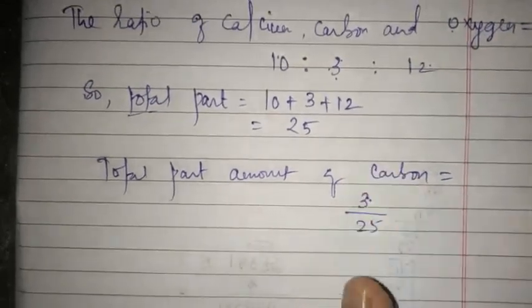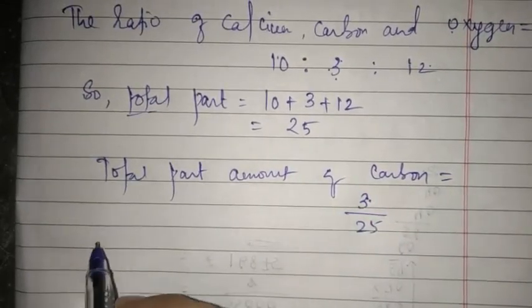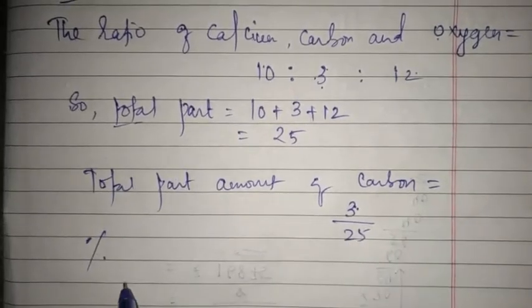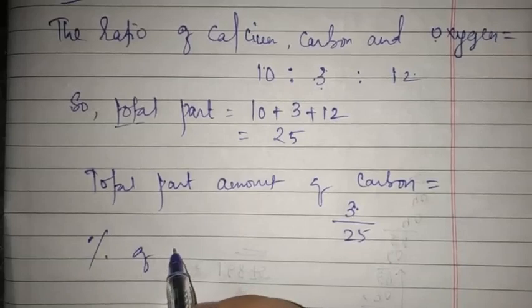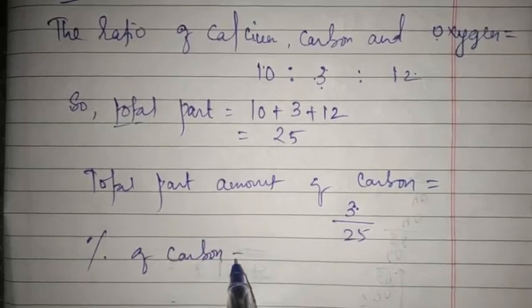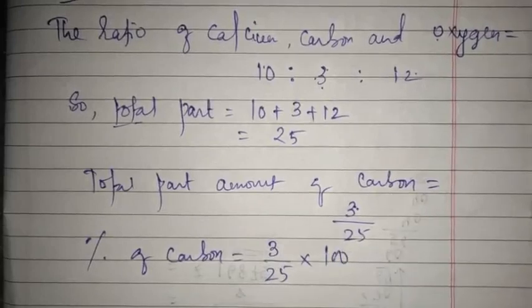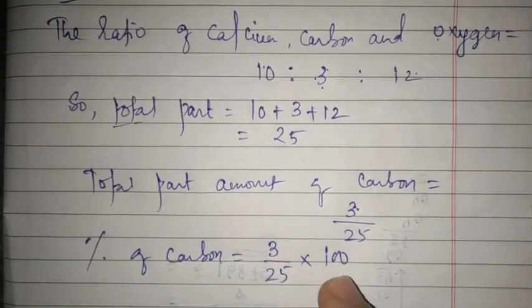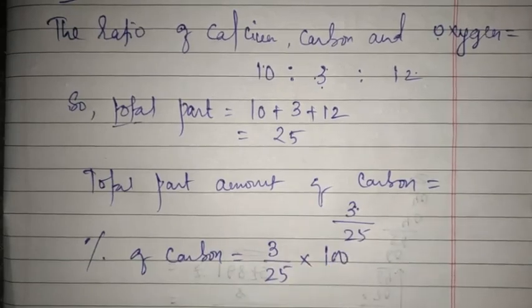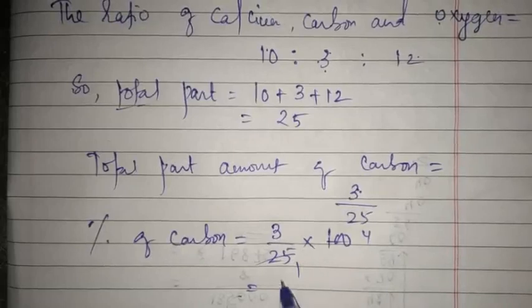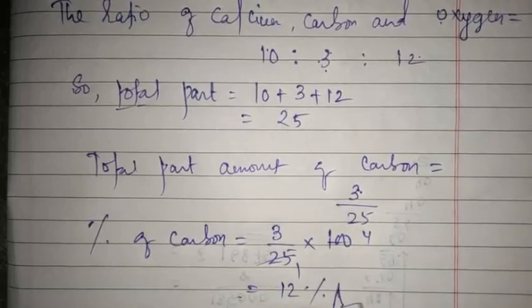Then the actual aim is to find the percentage of carbon. What is the formula to find the percentage? Put into 100, you'll get the percentage, right? 25 fours are 100, 3 fours are 12%. 12% is the answer.